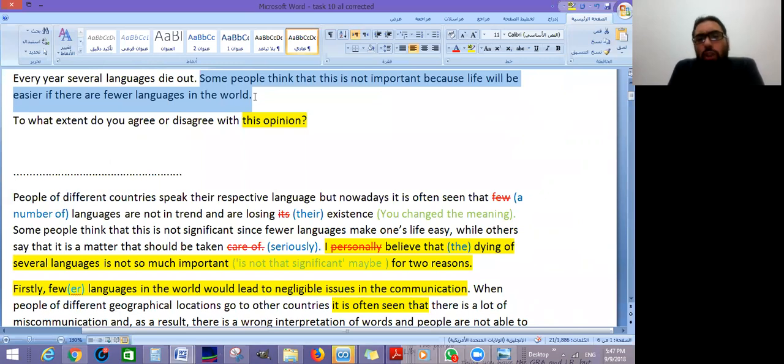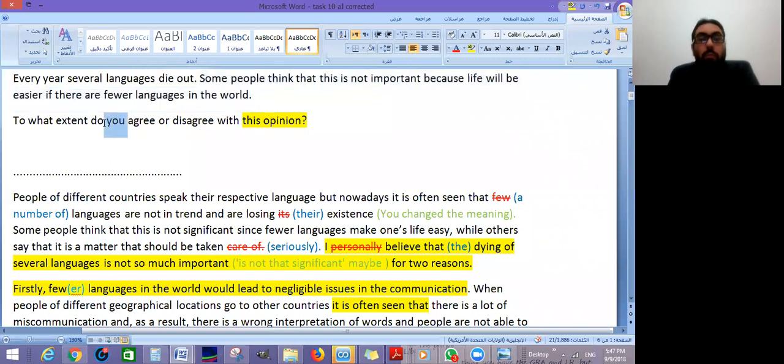Most of you are just happy getting a band 7, and all you need to do for task achievement is to present your own opinion. To what extent do you agree? Now if you wanted to go further than that and you were aiming for a band 8, then fair enough.